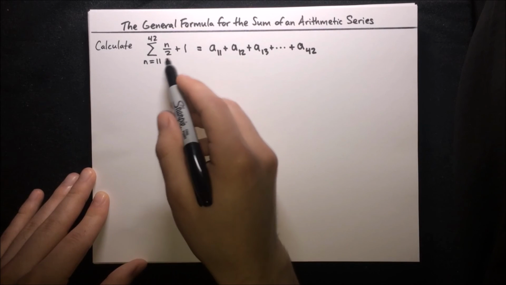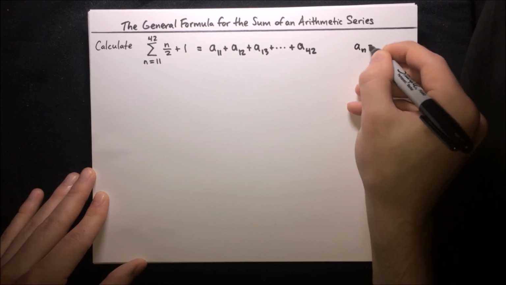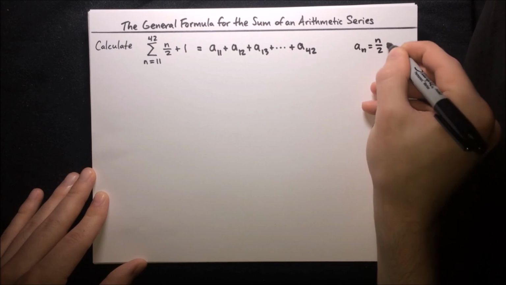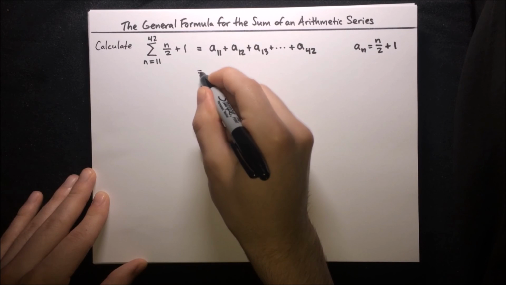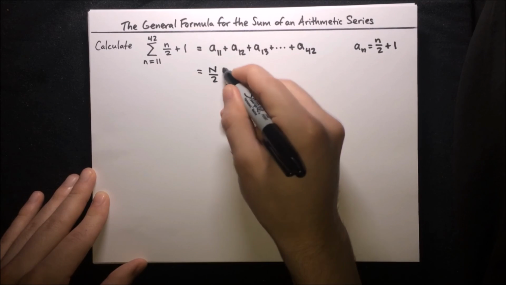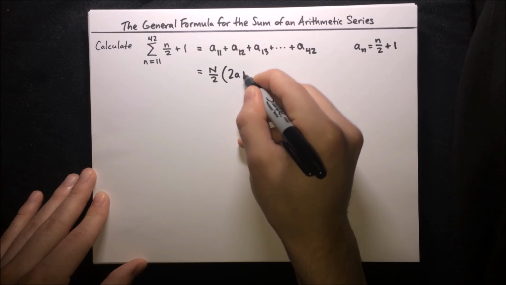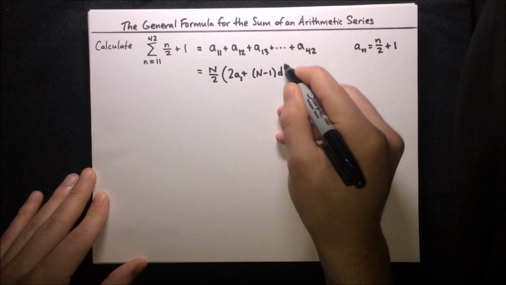And the formula for the nth term is given by this expression here. an equals n over 2 plus 1. Now what we'd like to do is just use our sum formula, n over 2 times 2a1 plus n minus 1 times the common difference.